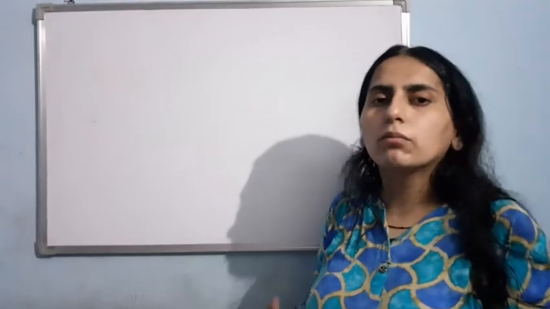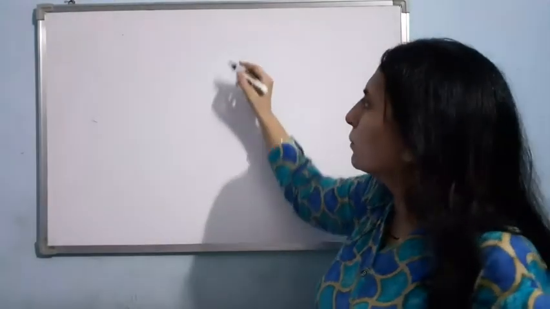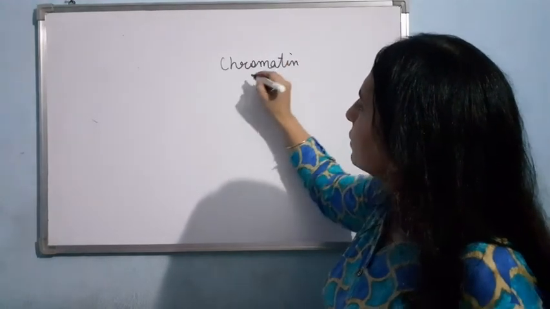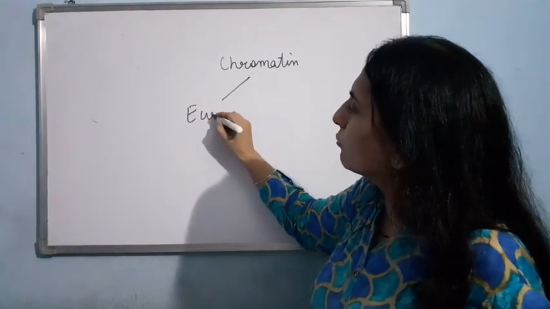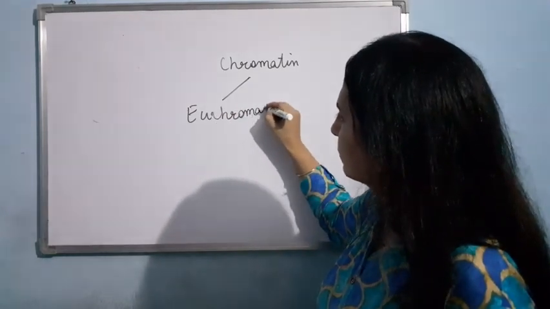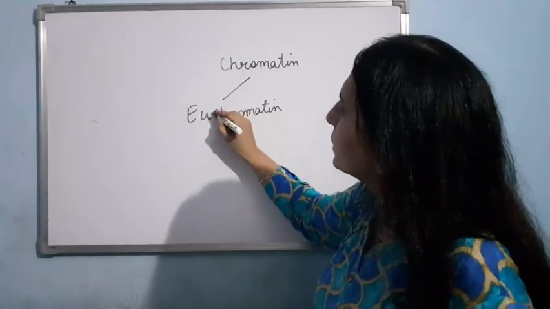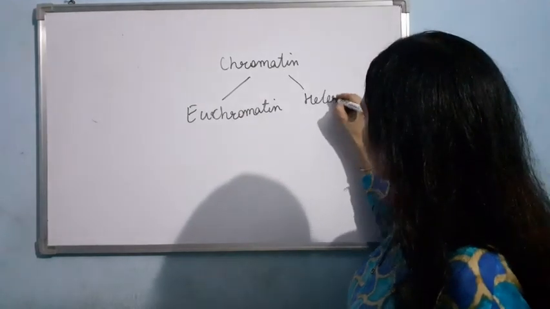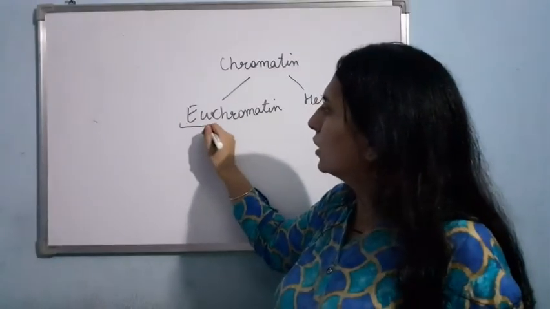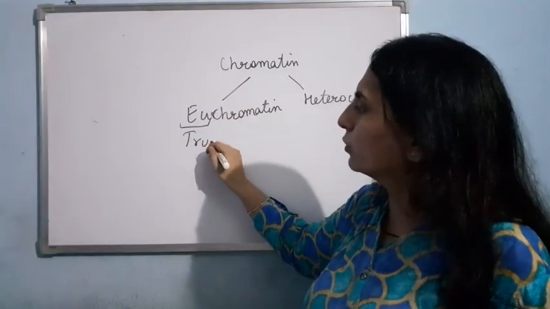Now, we have discussed the chromatin material. Inside our body, we have 2 types of chromatin material. First is euchromatin and second is heterochromatin. Now what is the meaning of these 2? Eu means true.